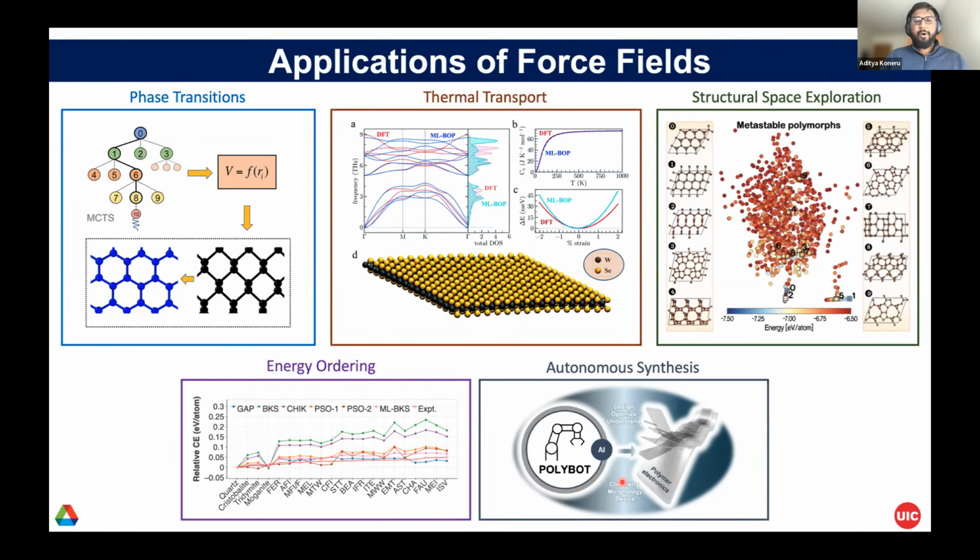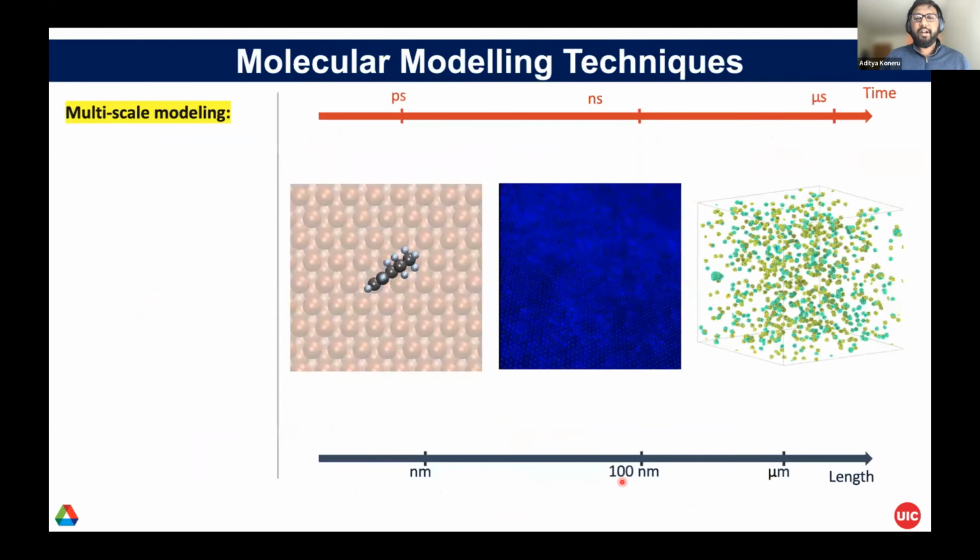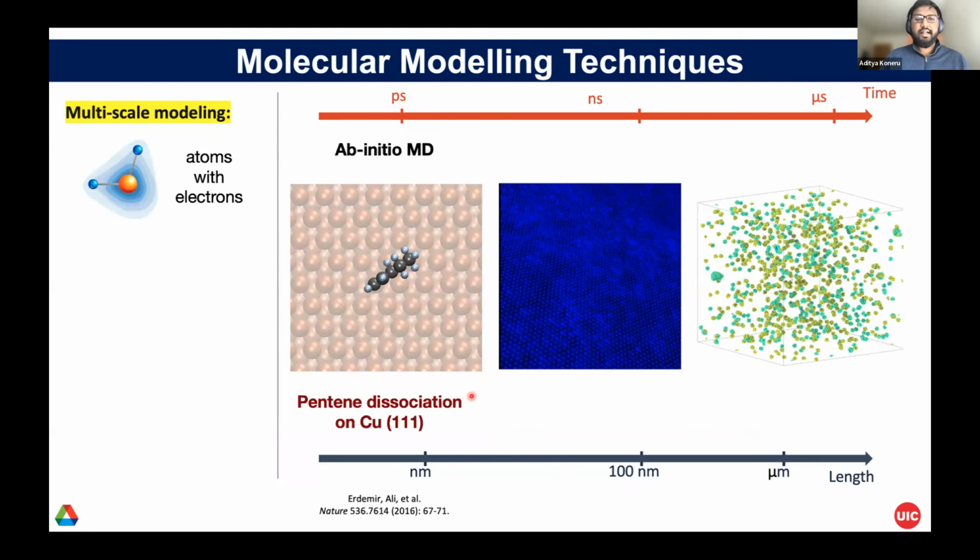But I would also like to speak on different molecular modeling techniques available to us at different scales, and when do we choose them, and how. So to begin with, there are these Ab Initio molecular dynamic techniques where we have the atoms along with the electrons.